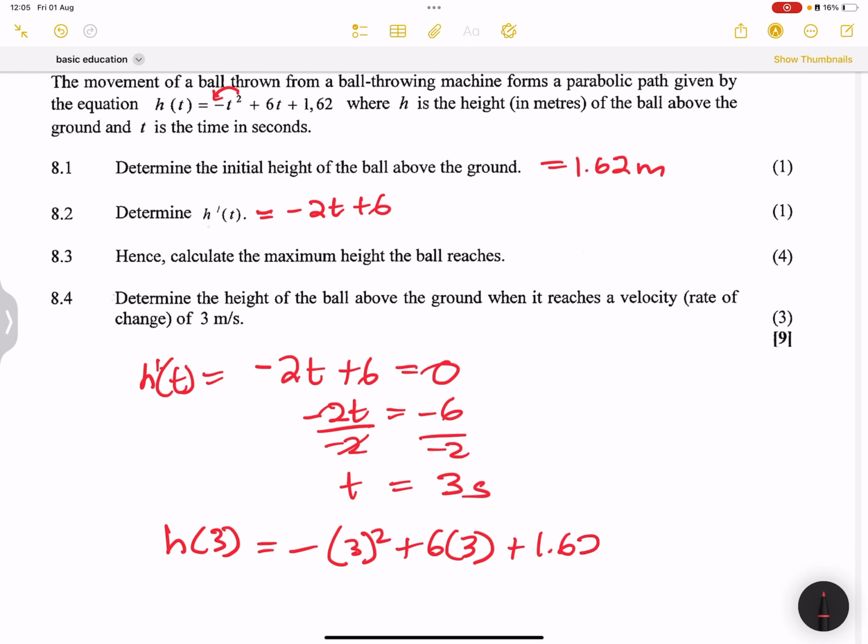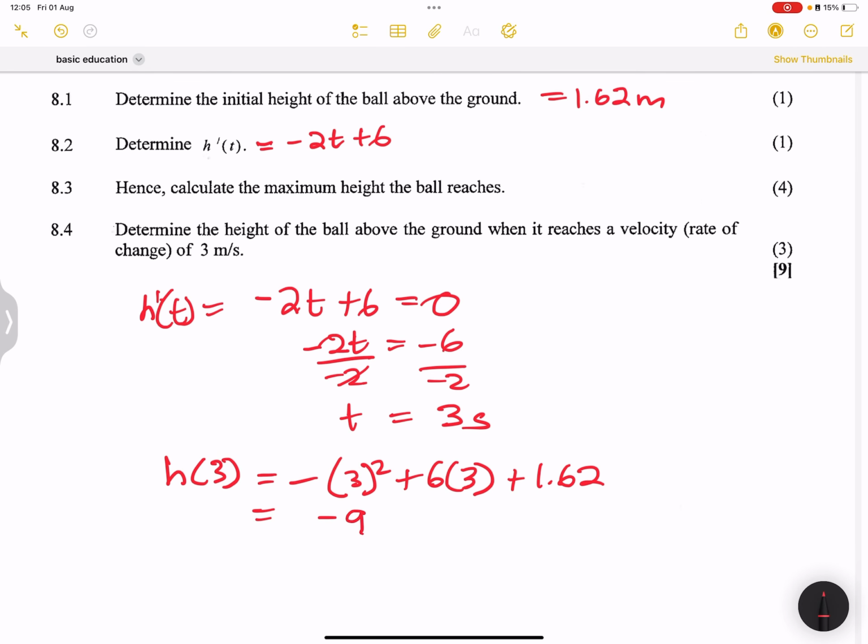Okay, so we're going to get minus 9 plus 18 plus 1.62. And I am going to get 10.62 meters, and that's the height. Okay, right, so please keep that in mind. That's where I will get my maximum height.